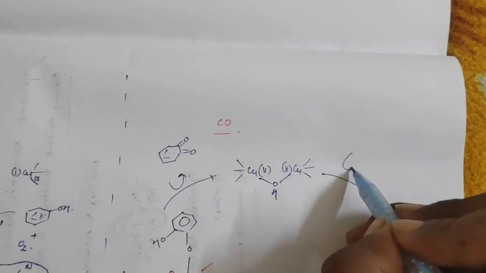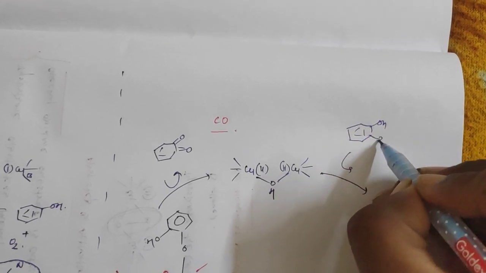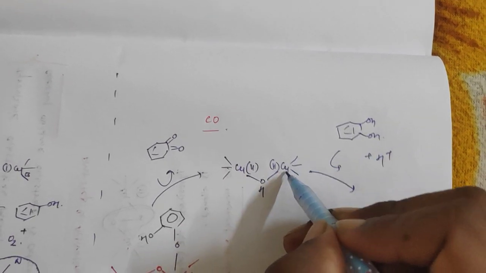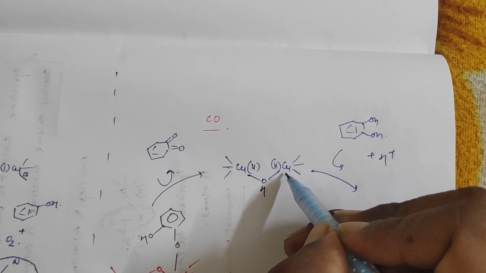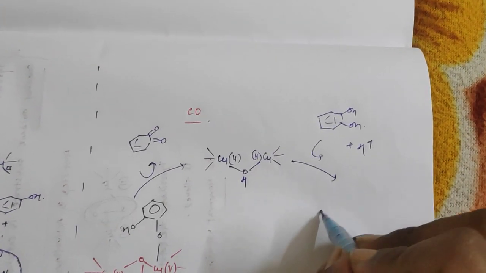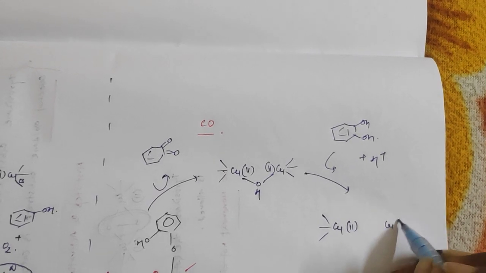After that another catechol will come like this with a proton source, and again it will coordinate with this copper, and to coordinate with this copper this has to cleave one N-histidine part like the previous one, so this remains unaffected.